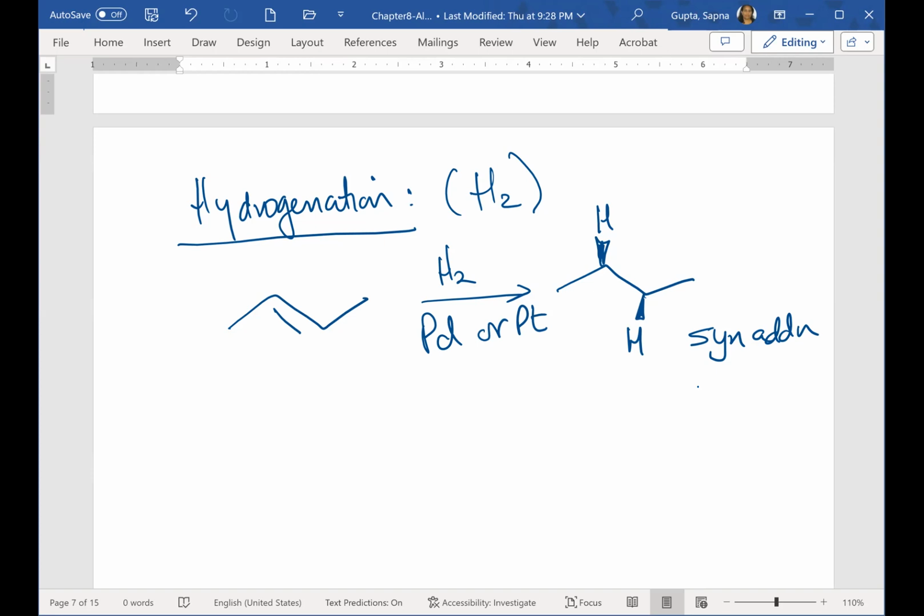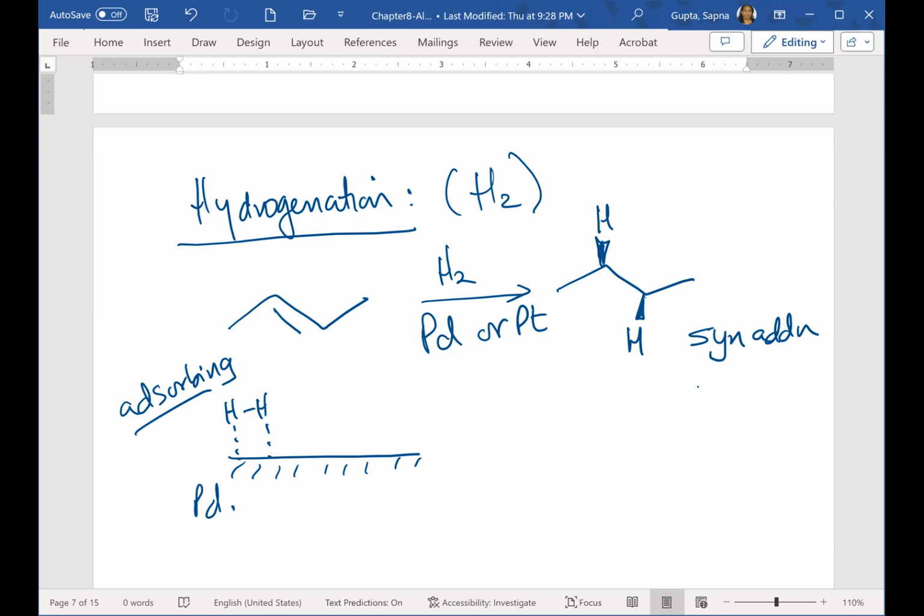So you use palladium or platinum, and what the palladium or platinum will do, and I'll cover this a little bit more when we get to alkynes also, is that if this is the palladium surface, it ends up doing what's called adsorbing. If you don't remember this now, don't worry about it, okay? Because I'll talk about it again in alkynes where it is actually a lot more important.